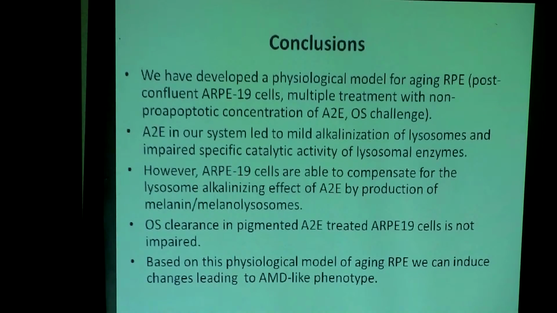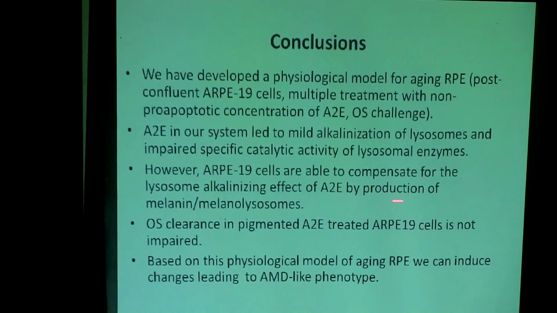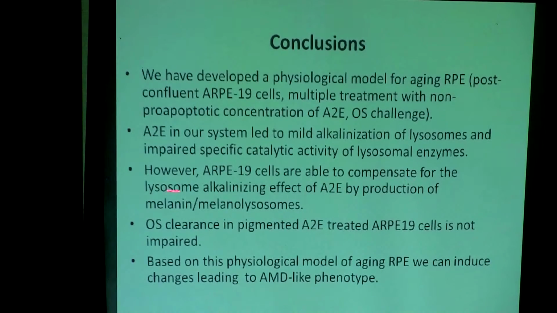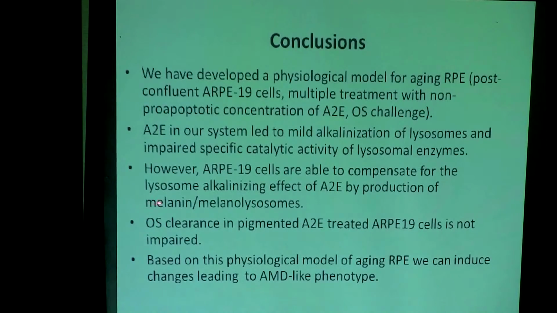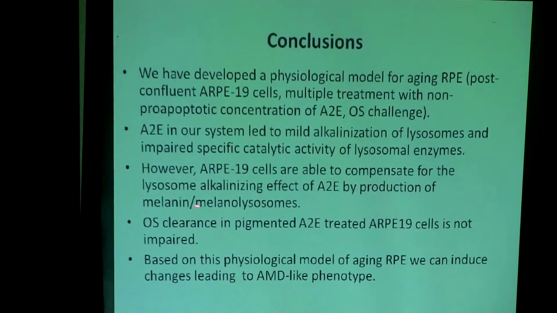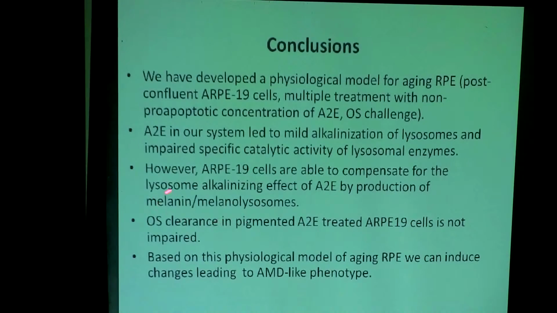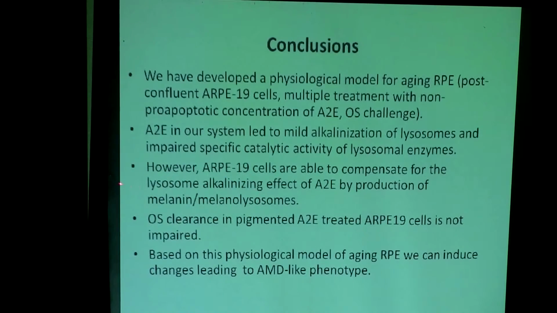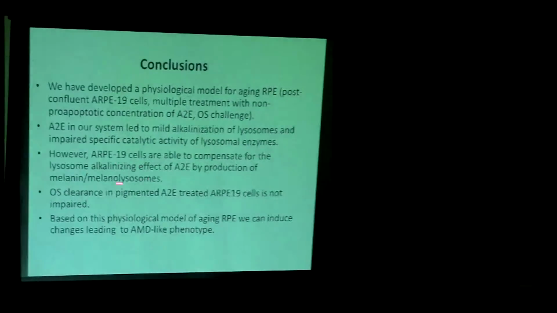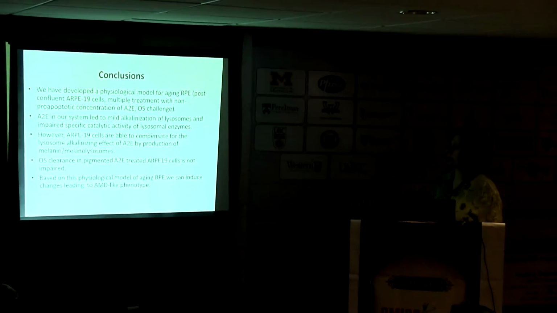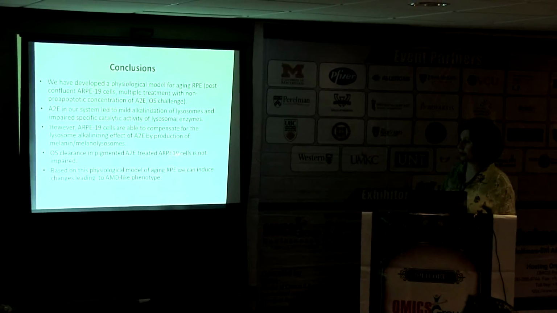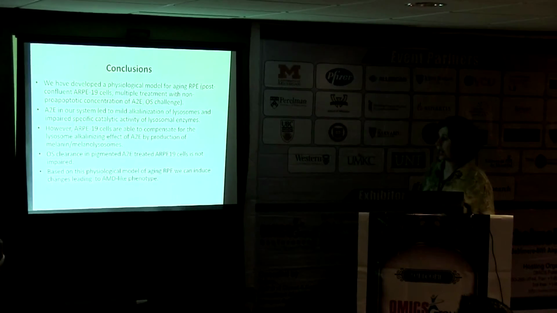However, ARPE19 cells are able to compensate for the lysosome alkalinizing effect of A2E by production of melanin and melanolysosomes. So we call them hybrid melanolysosomes. Right now, we are doing electron microscopy to figure out what kind of organelles they are. And outer segment clearance in pigmented A2E-treated ARPE19 cells is not impaired.